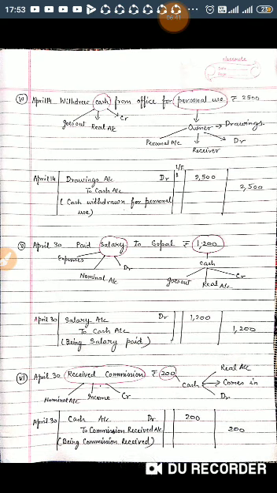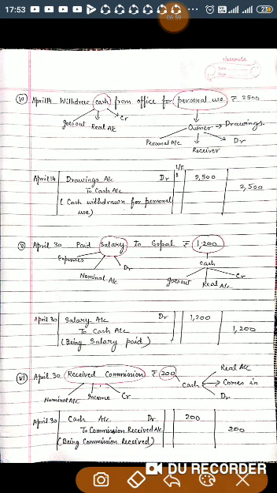Whenever cash or anything is withdrawn from the business for personal use, it is treated as drawings. Two accounts are involved: cash and drawings. Cash is a real account and it is going out of the business, so it should be credited.